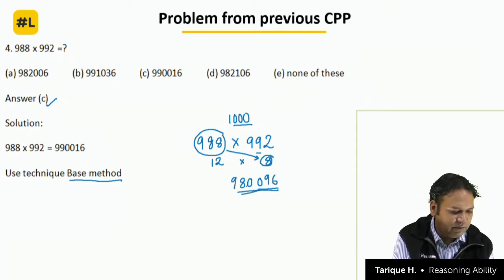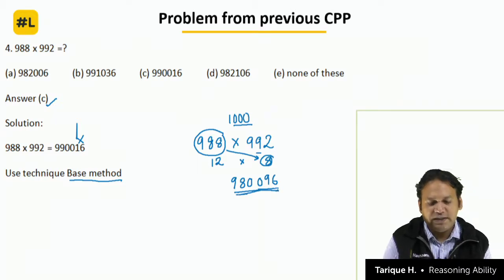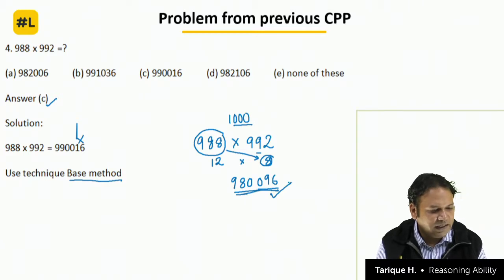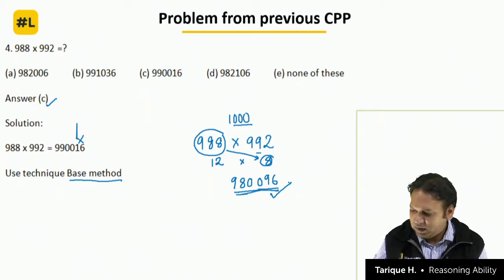So I think some typo error is there, so just ignore this answer. The right answer is 980096. That is the product of 988 into 992. Clear? So that's how you should solve these kind of questions, where we are multiplying close to the base of 1000. How do we multiply and get the answer?